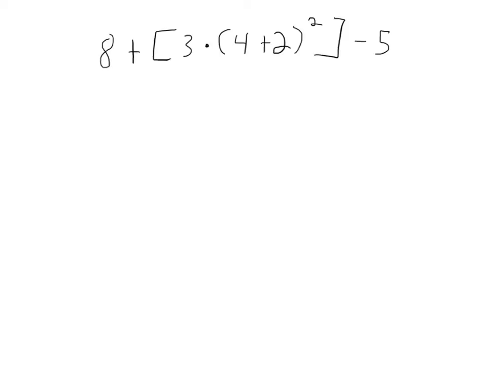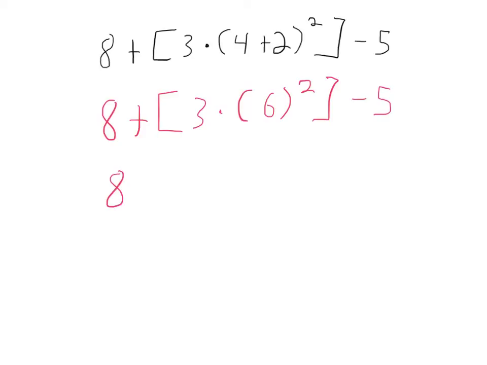Okay, we're back. Let's go ahead and break it down. 8 plus 3. First I need to do those parentheses, which gives me 6 squared minus the 5 at the end. A little bit further. 8 plus 3.